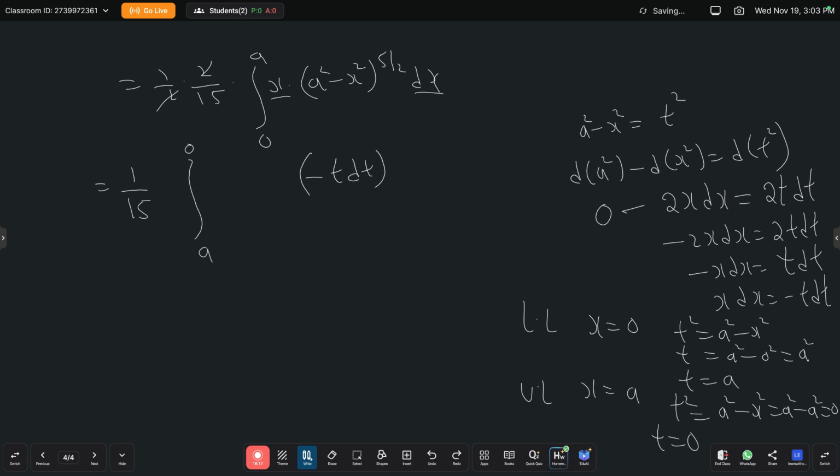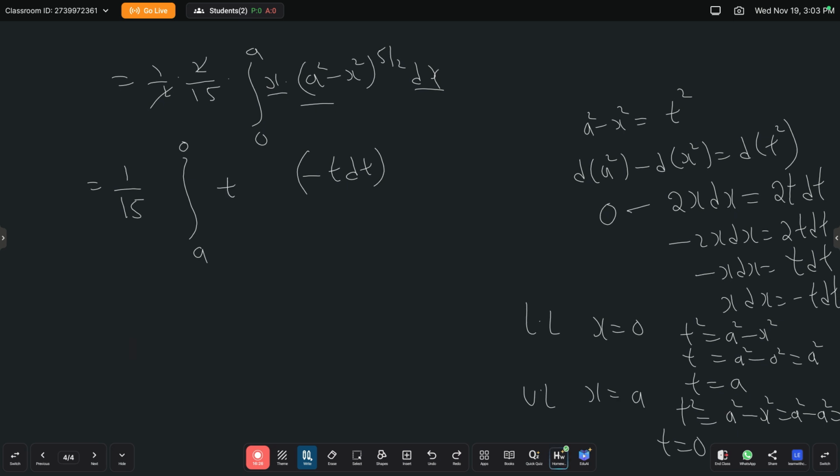Next, a square minus x square is t square, so in place of a square minus x square, write t square to the power 5 by 2. So we have substituted all those values here. Here t square power 5 by 2.